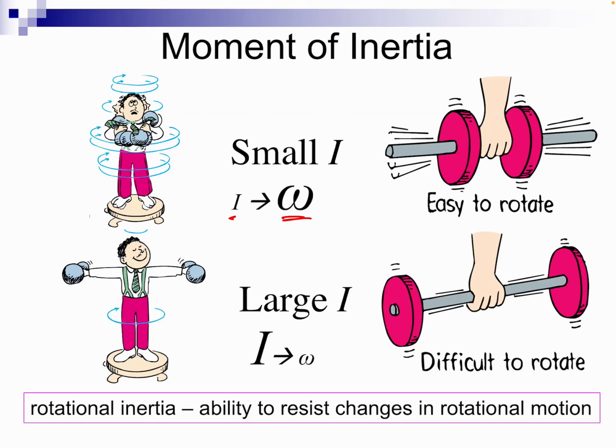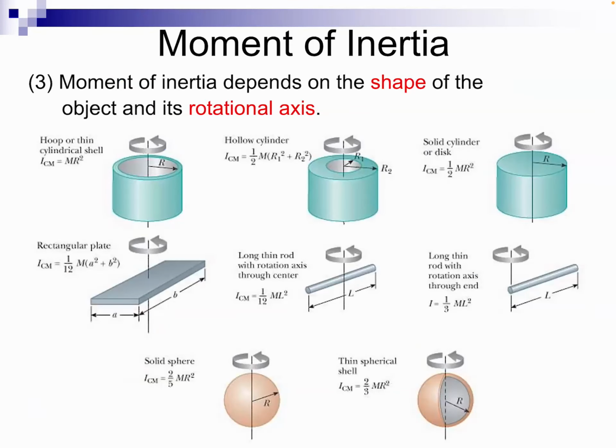For some extended objects, the moments of inertia can be looked up in a table. For these particular extended objects, you can just use this slide to work out what the moment of inertia is. But notice how each moment of inertia still depends on the mass. M is still the mass, and R is some distance from the rotational axis.